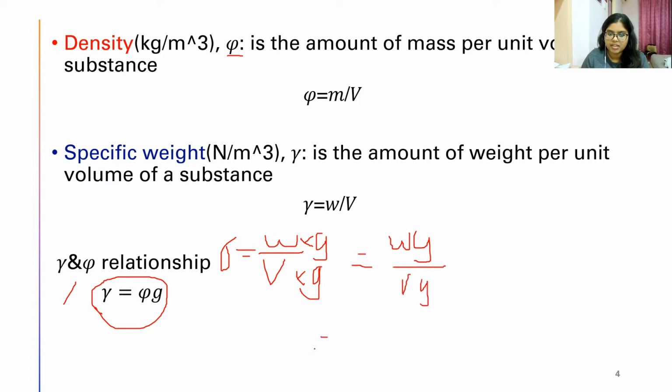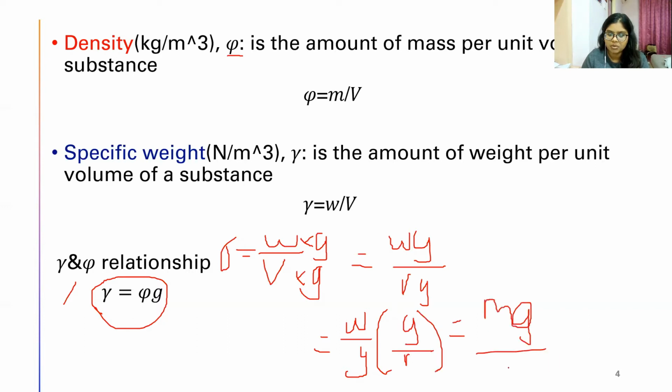So you want to take out the weight per gravitational acceleration, which will then equal mass times gravitational acceleration divided by volume. And then mass over volume is our density here. So just substitute in rho here, you will get this equation.